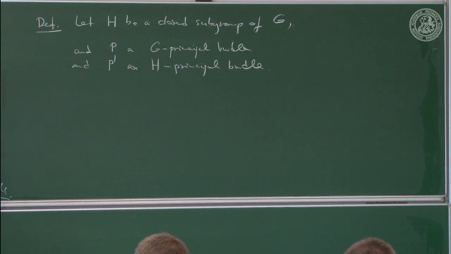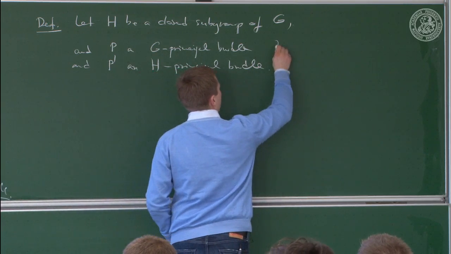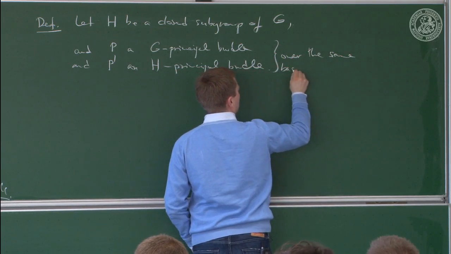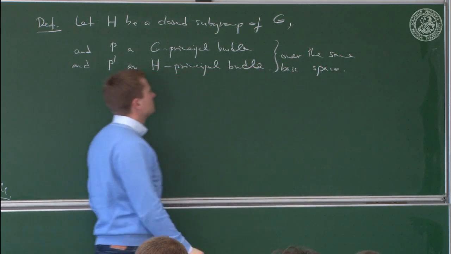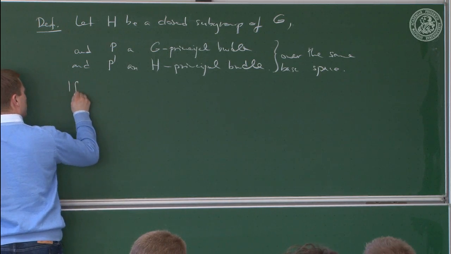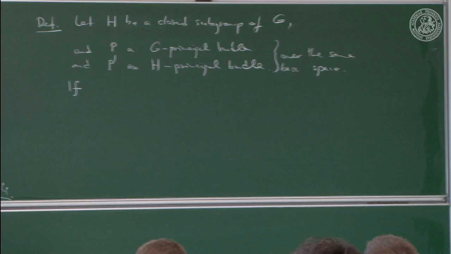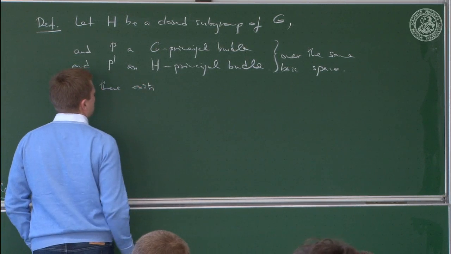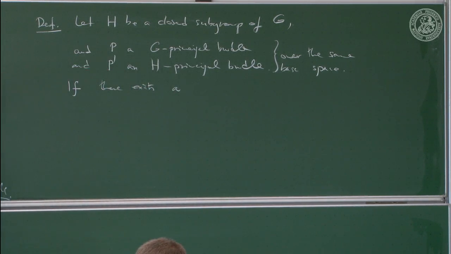So two principal bundles with respect to different Lie groups, but both over the same base space. Now, could we talk about a principal bundle map between these two principal bundles?